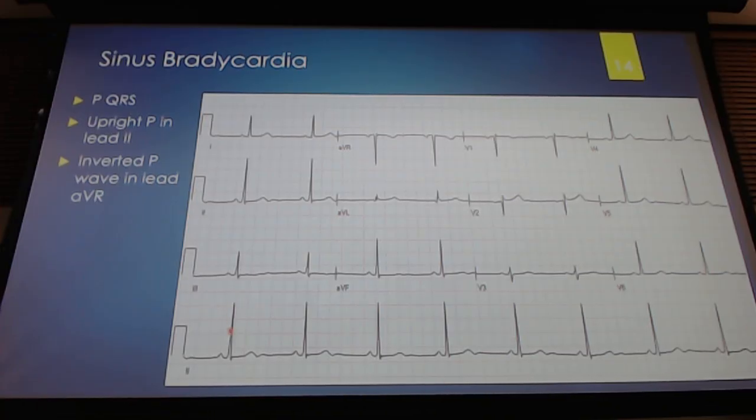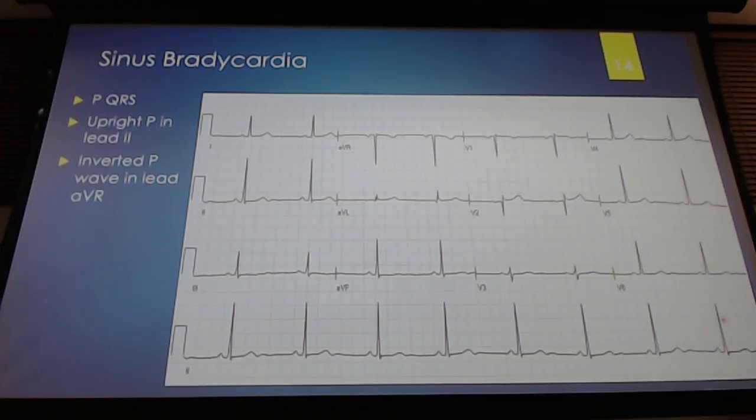At the bottom here, we have 1, 2, 3, 4, 5, 6, 7, 8, and we multiply that by 6, which gives us a heart rate of 48. So this is sinus bradycardia, and depending on the patient's presenting signs and symptoms, what medications they're on, and what concerns you have, maybe there's nothing to do about this, or maybe there is.